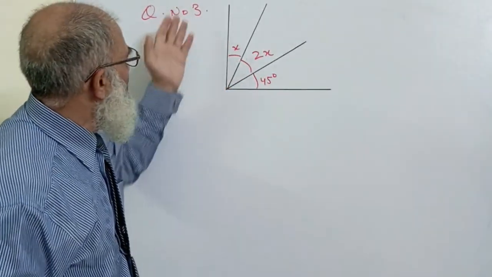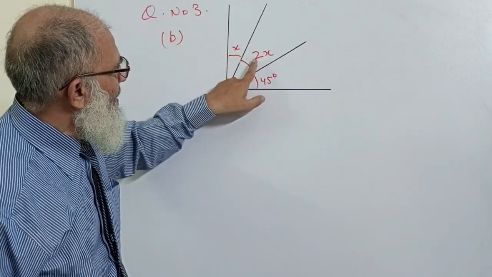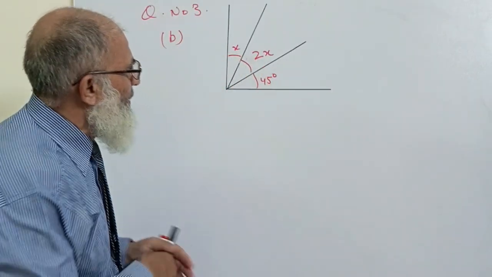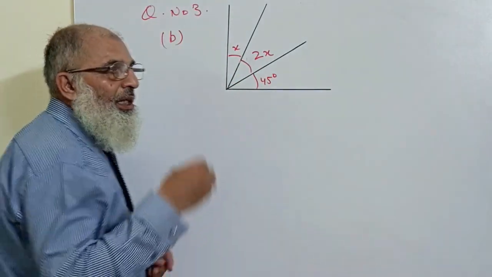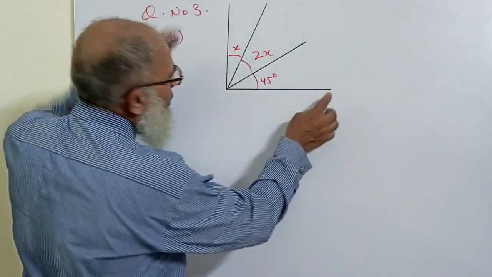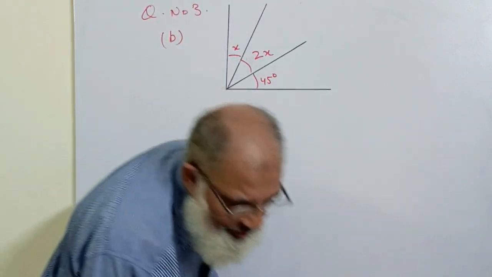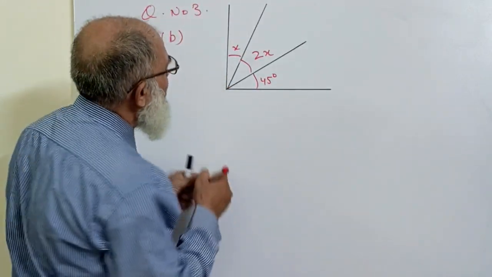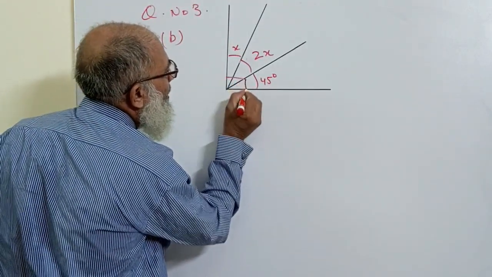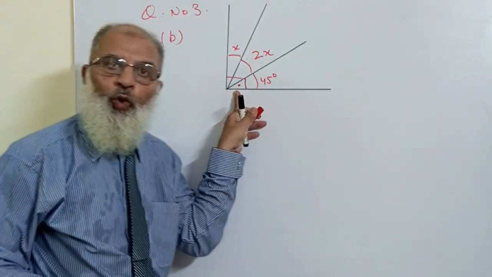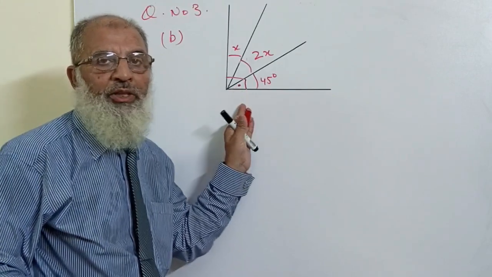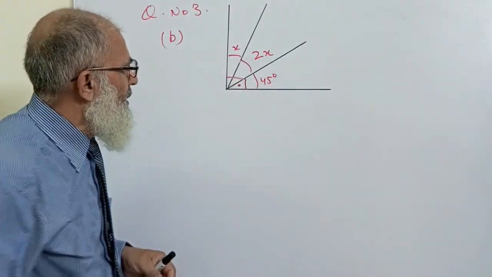This is part B, question number 3: x, 2x, and 45 degrees. There are 3 angles given. Now this is 90 degrees, because a right angle sign is also given over here. This is what we wanted, because without this we couldn't have solved this question.